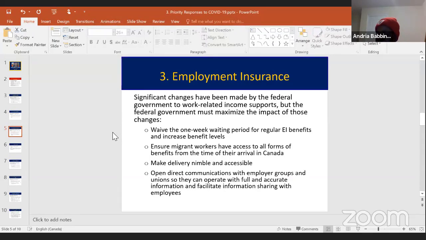Delivery must be nimble and accessible. Open direct communication with employer groups and unions so that they can operate with full and accurate information and facilitate information sharing with employees. Thanks, Andrea.